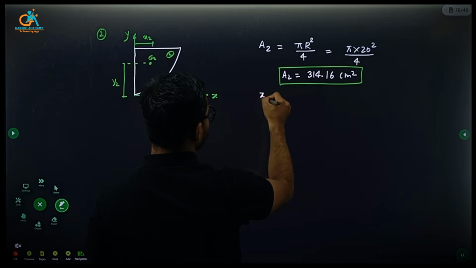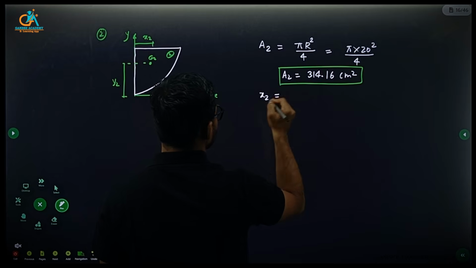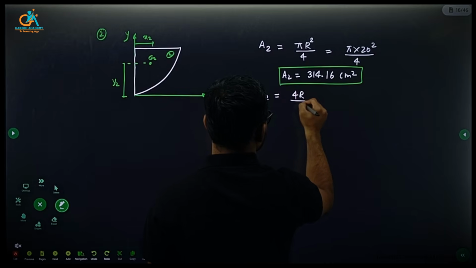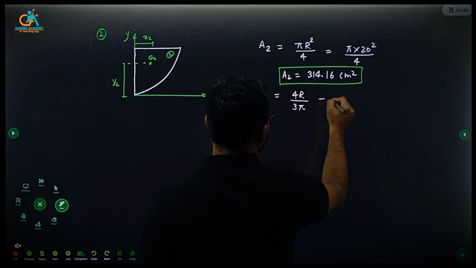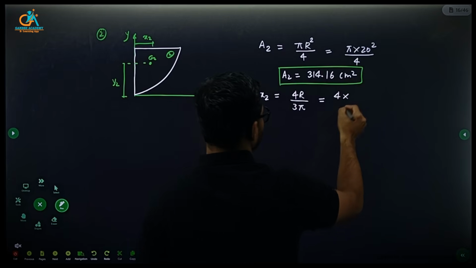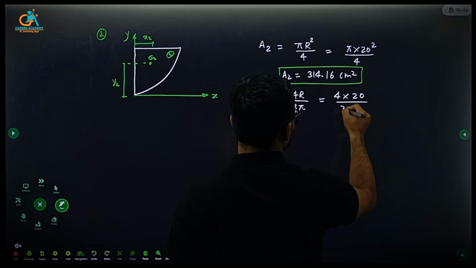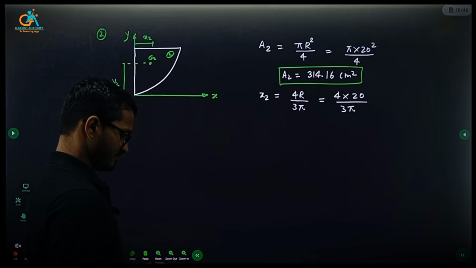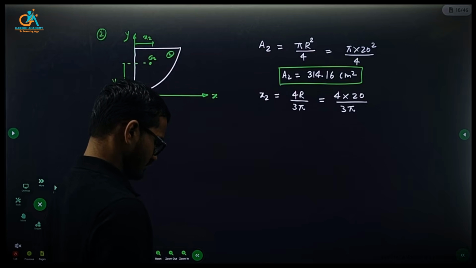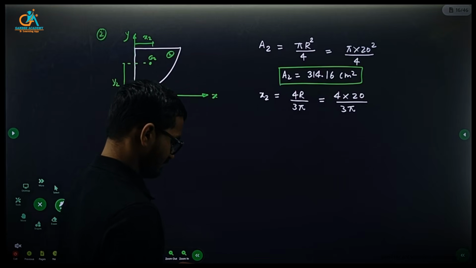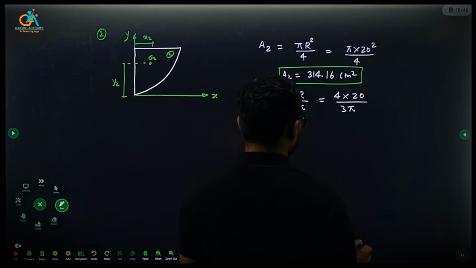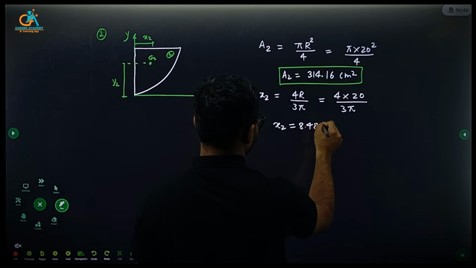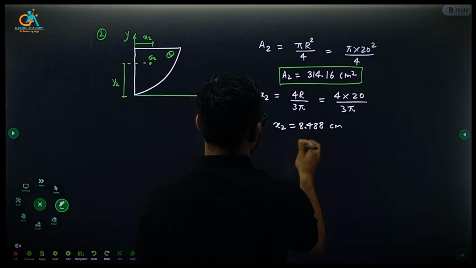Then x2 is the standard formula 4r by 3 pi. So 4 into 20 divided by 3 pi, that is 8.488 centimeter.